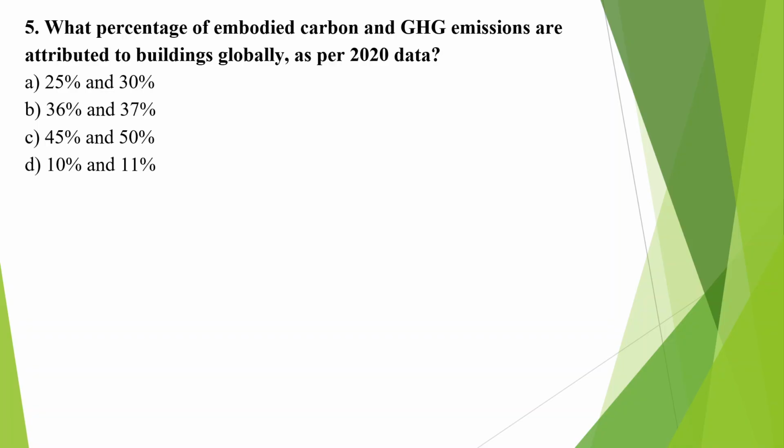What percentage of carbon and greenhouse emissions are attributed? So this greenhouse emissions, I have already explained in the previous question. If you are able to recall, then it's fine. Otherwise, take it as a fresh question and answer.